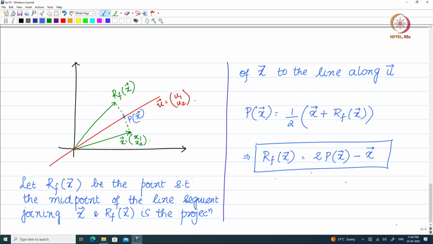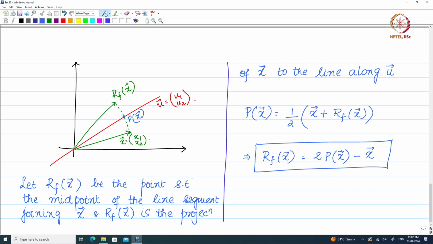That is going to be the reflection of a point about a line passing through the origin. This is going to be in 2 dimensions, right. We can take a simple example quickly and then check if this actually holds.